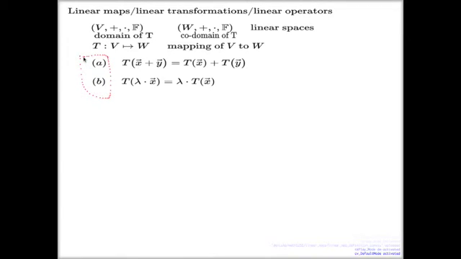And otherwise, if you suspect that the map in the question is not a linear map, you need to present a counterexample which shows that it is not a linear map. So when you need to show that something is not a linear map, you can either produce two vectors x and y which fail this identity, or one vector and one scalar which fails this identity.